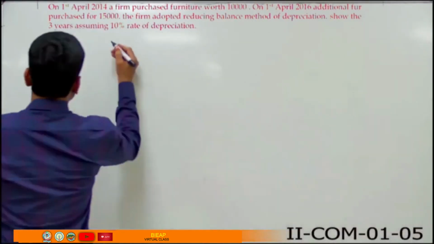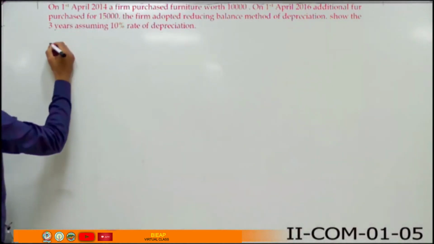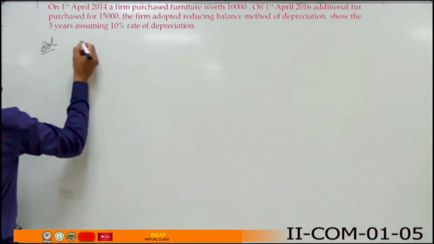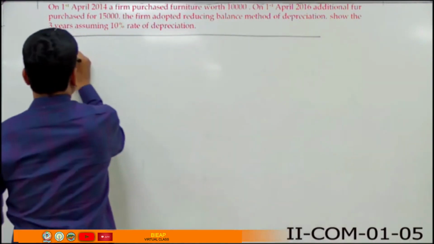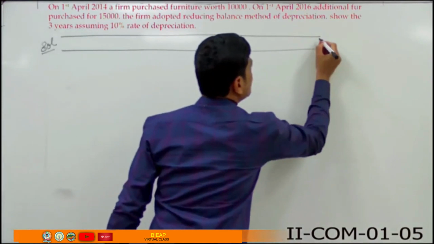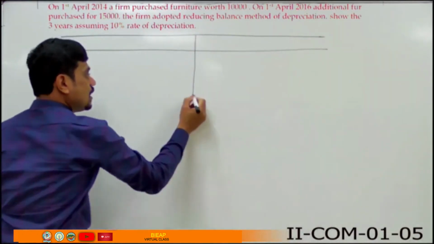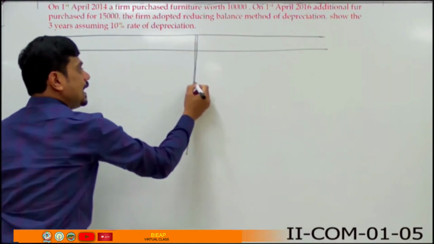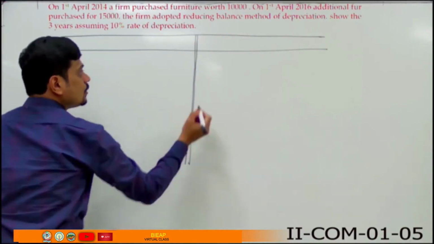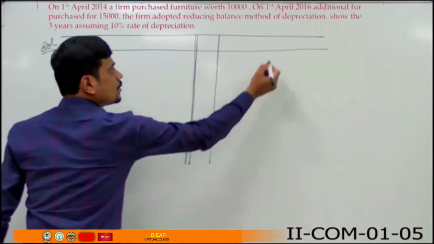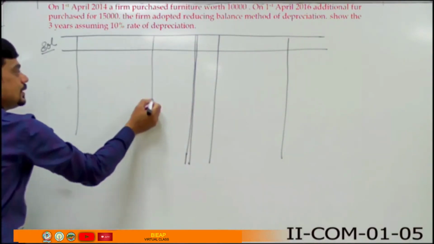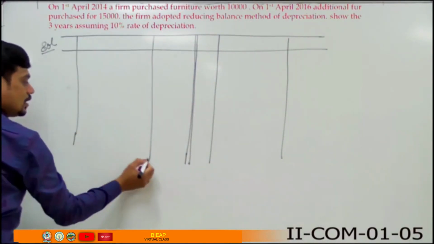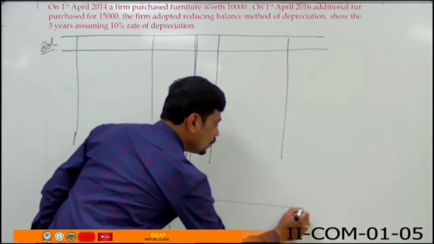Same again, solution. So the asset account. As it is, we'll draft the asset account. Again, here date, particulars, amount, date, particulars, amount, and here working.